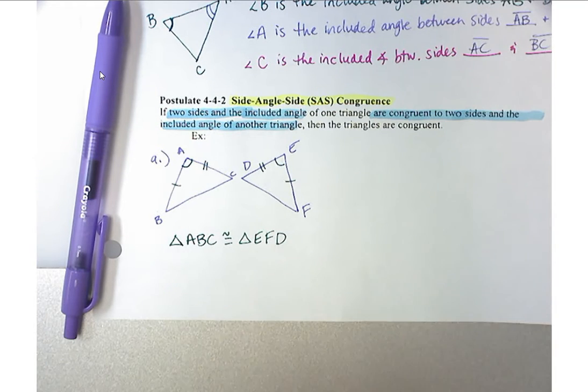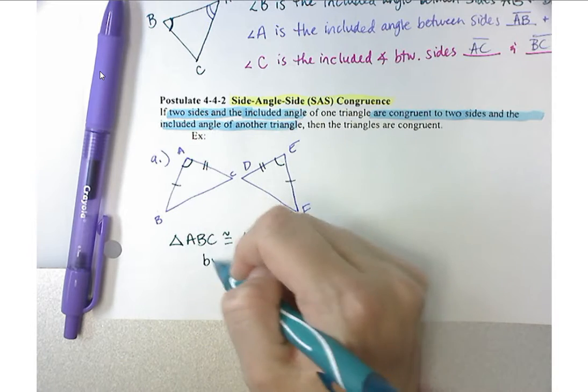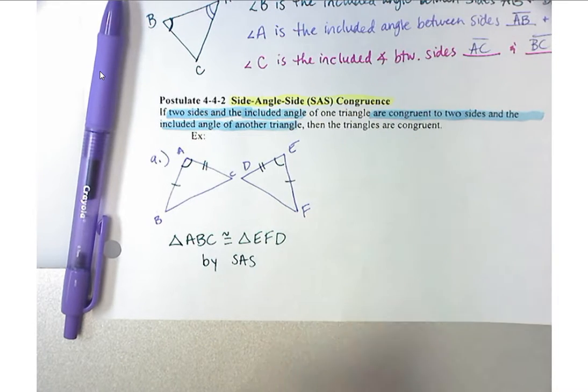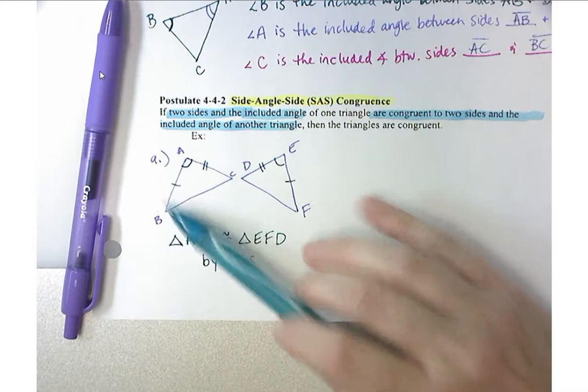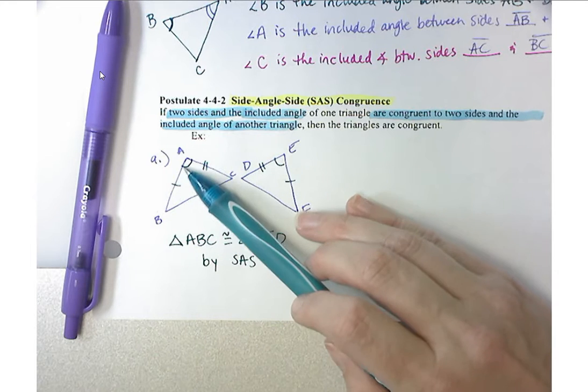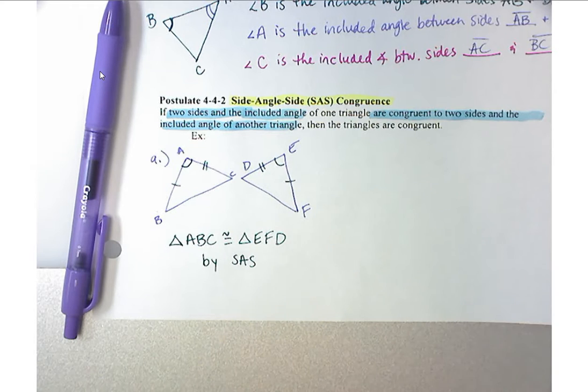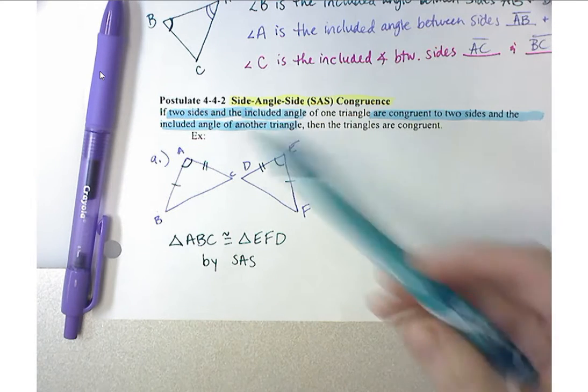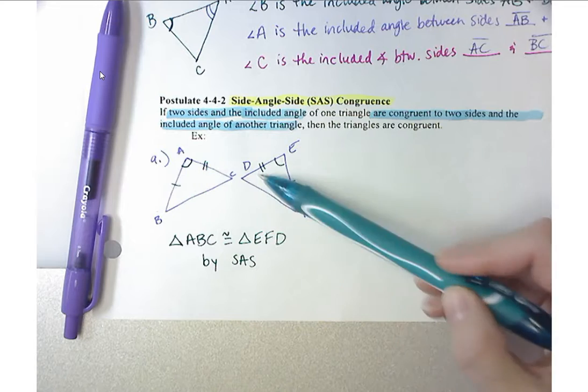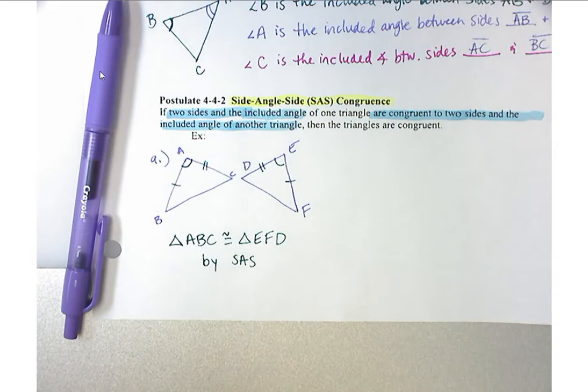And then that can't be written any other way. And again, we would say that these are congruent by side, angle, side. So if you look at the picture, I always think of it like this: side, angle, side. You just won't have any part that it skips. SAS.